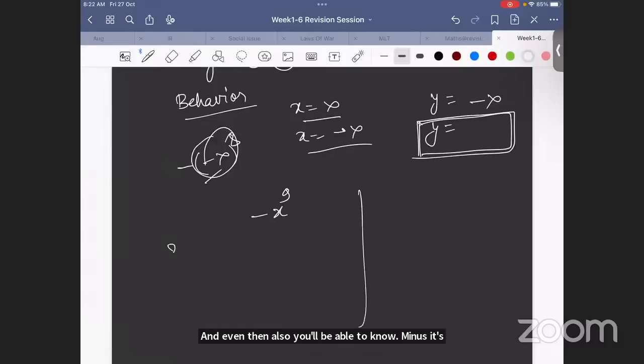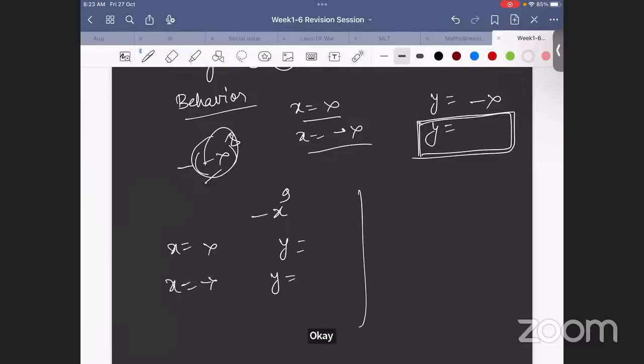Tell me, at x equals infinity, what is the value of y, and at x equals minus infinity? Similarly, for x to the power 9, at x equals infinity, y will be infinity, and at x equals minus infinity, y will be minus infinity. Now you will be able to know the behavior of any polynomial.